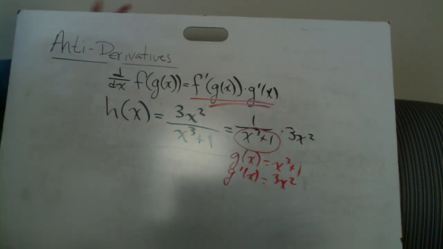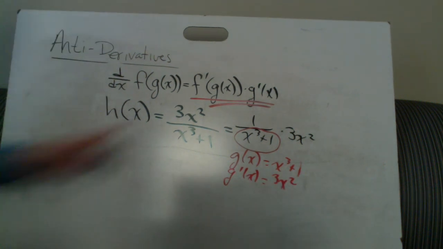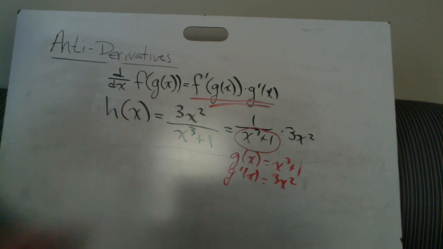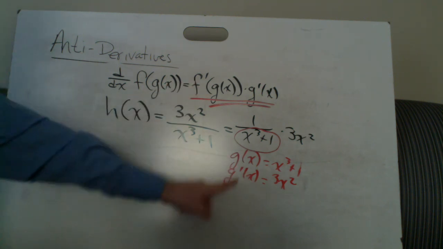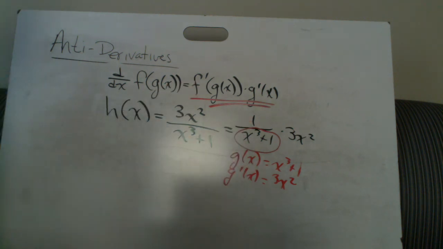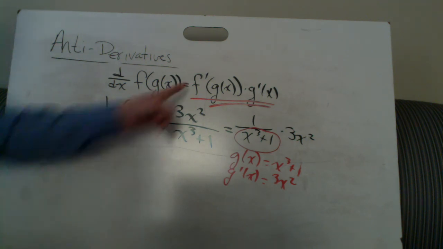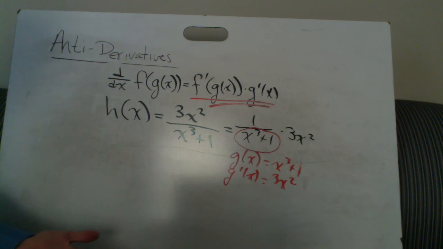So I need to figure out this last part here, this f prime. I know f prime of g of x is 1 over x cubed plus 1. So the question is, if f prime is 1 over that, what function, when you take the derivative, gives you 1 over x? Right? In this case, 1 over g of x.